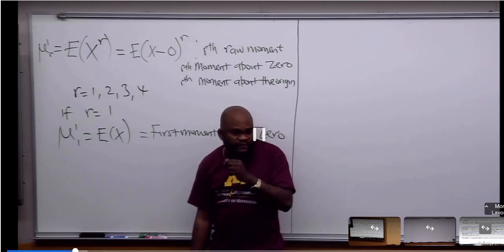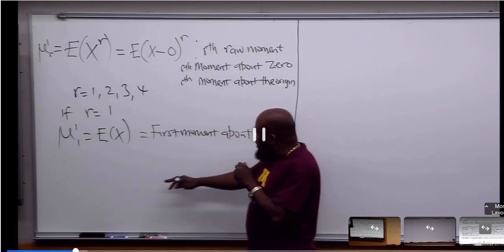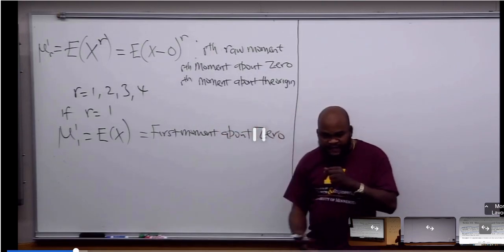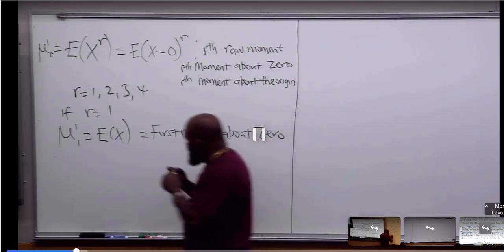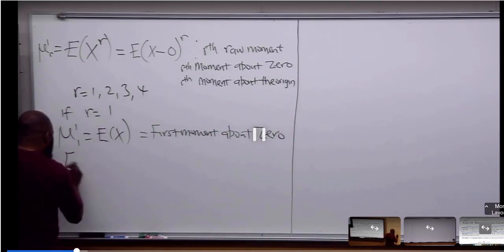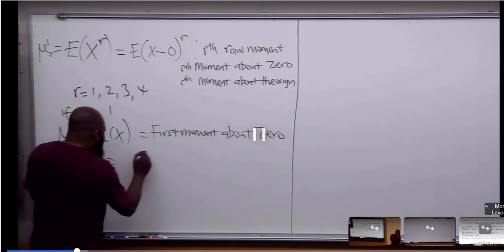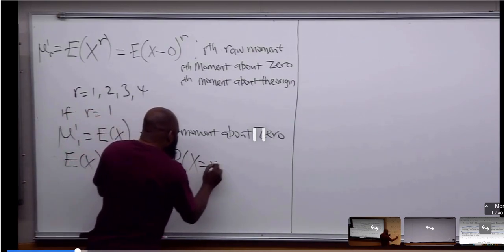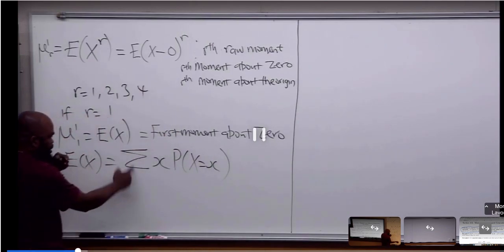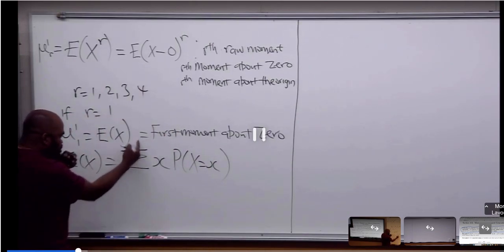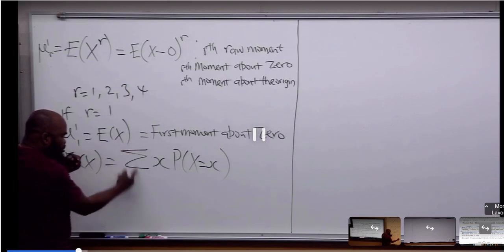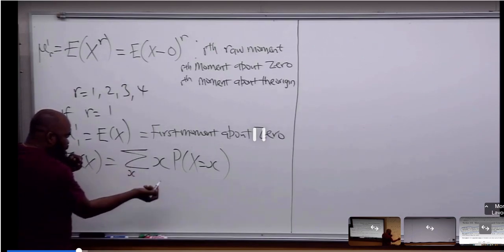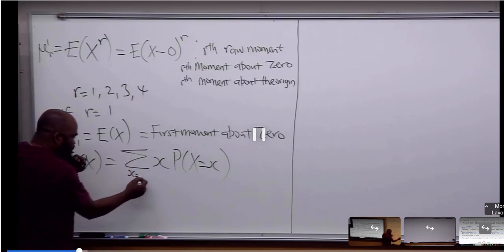Now, if X is a discrete random variable, it's going to be this, depending on the state space. The state space is going to go from that to that.